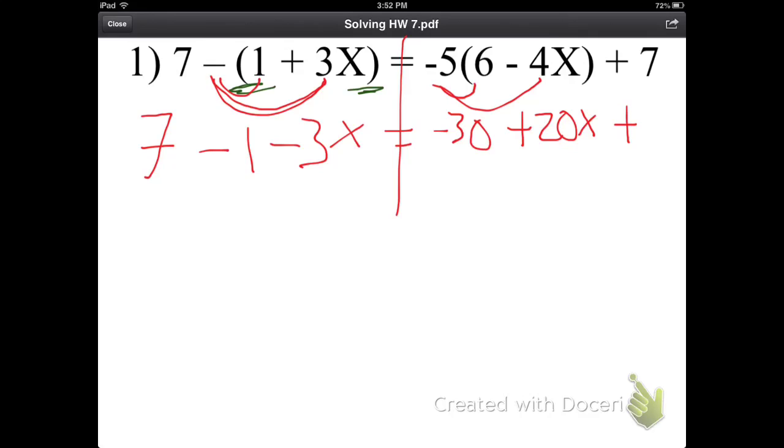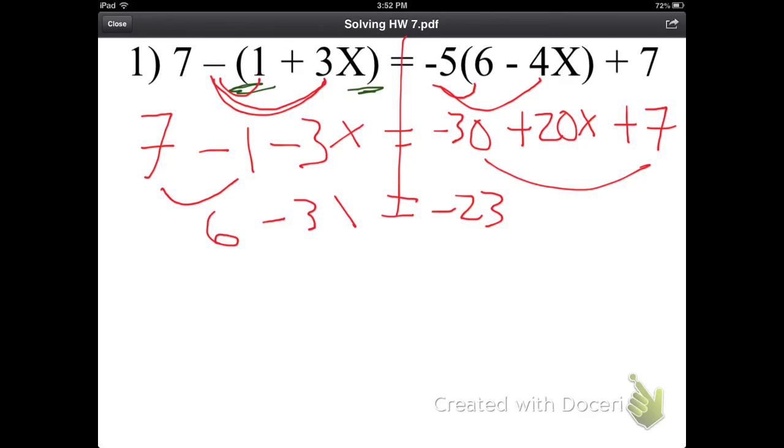And then the plus 7 on the right side is there. You can then simplify on both sides. The -30 and the 7 combine to make -23, and the 1 and the 7 on the left makes 6. And the x terms have not been touched.